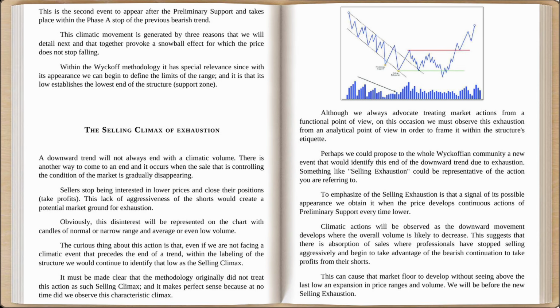It must be made clear that the methodology originally did not treat this action as such selling climax, and it makes perfect sense because at no time did we observe this characteristic climax. Although we always advocate treating market actions from a functional point of view, on this occasion we must observe this exhaustion from an analytical point of view in order to frame it within the structure's labeling.